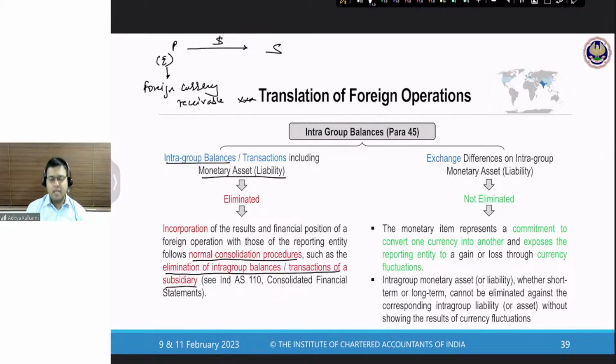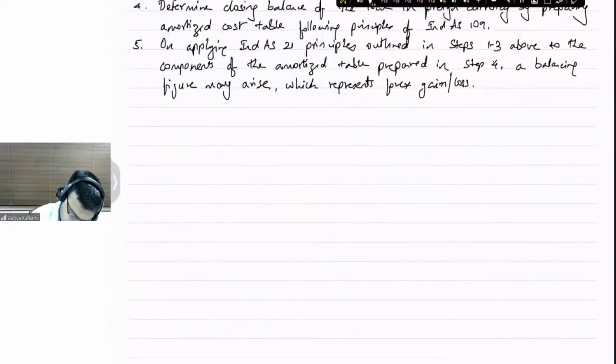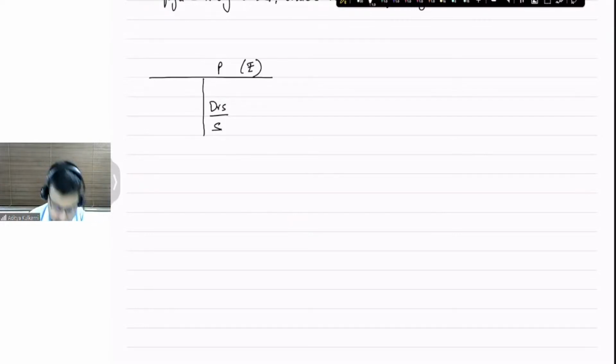Okay. Now when I am going to consolidate, just look at how the issue starts. The parent in its balance sheet is having debtors. In the debtors, it is having S. Parent's balance sheet is in rupees.